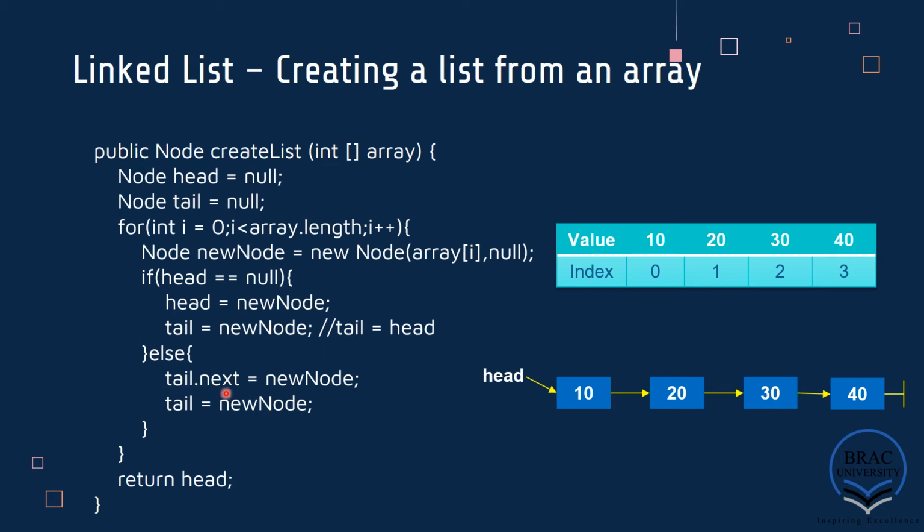If I don't have an empty list, the current node that was created so far will be held by tail. So I have to link the tail with the new node.